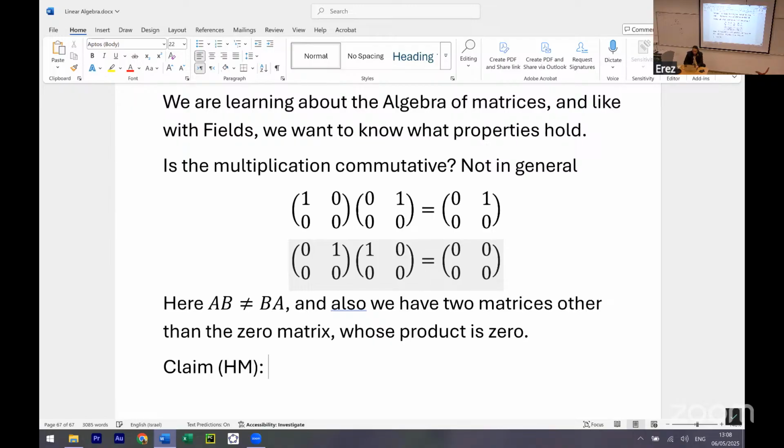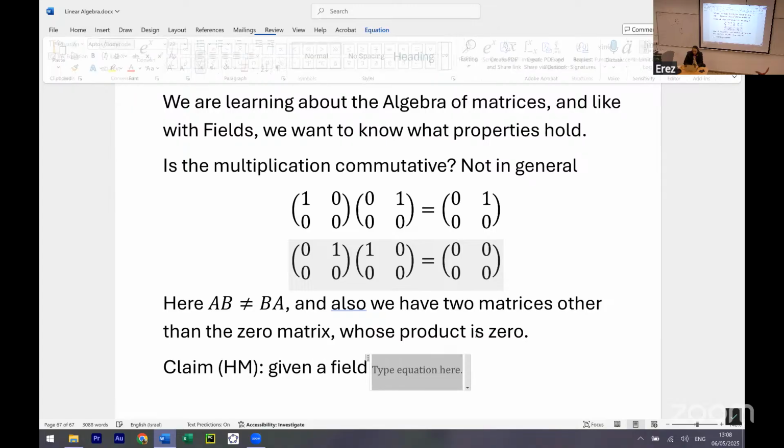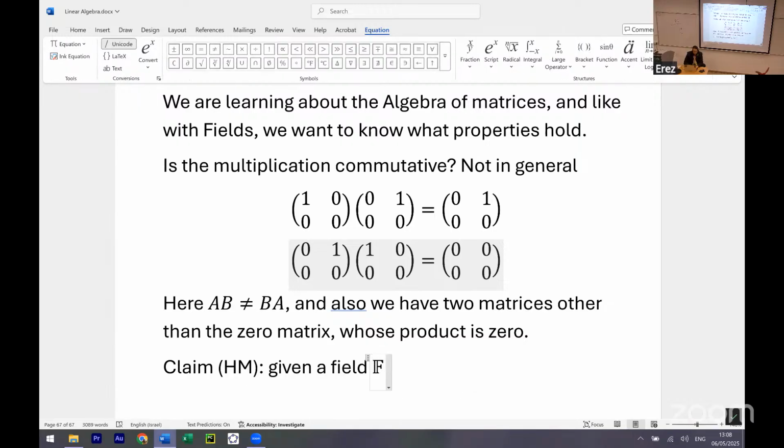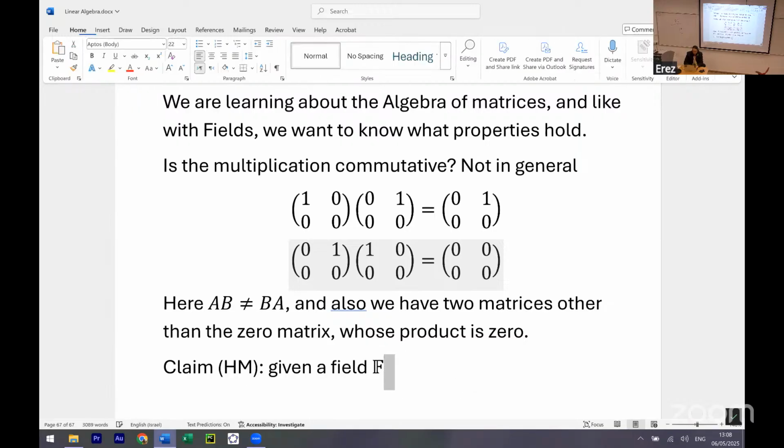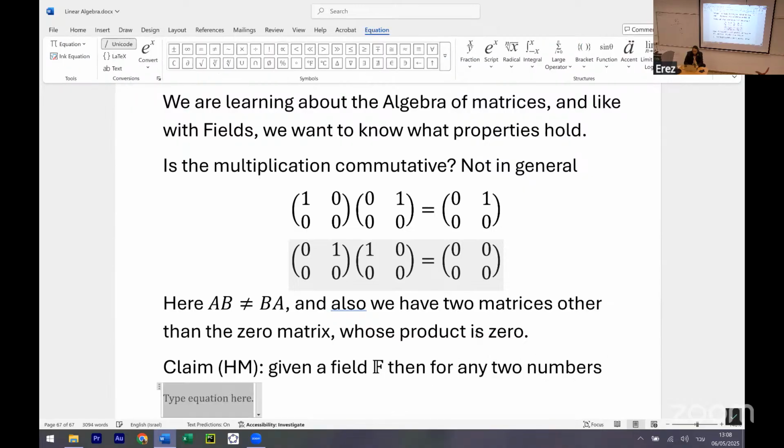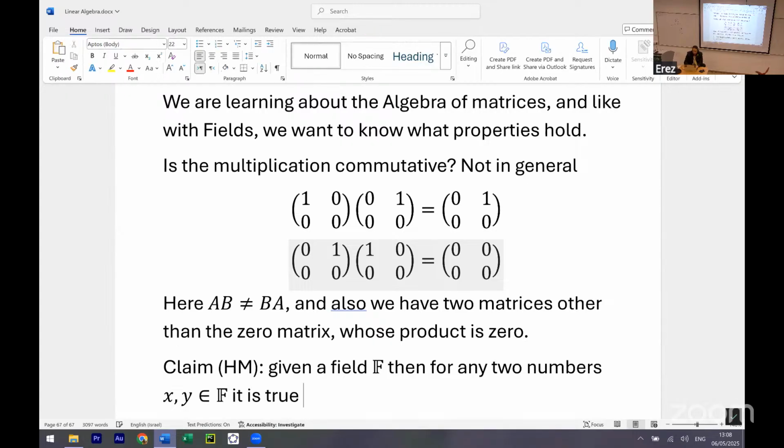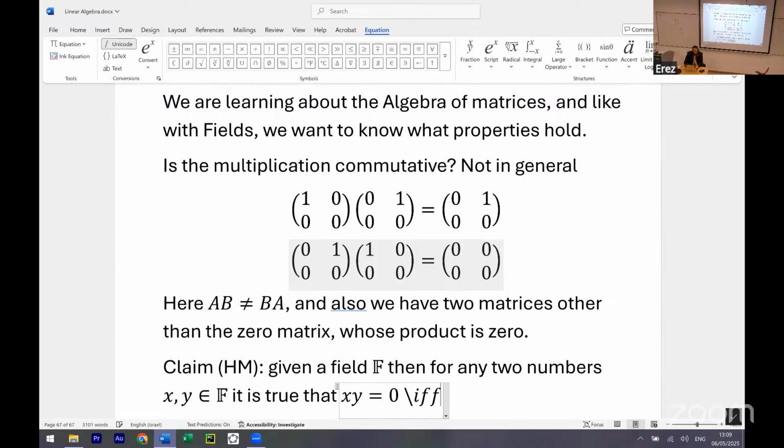Given a field F, then for any two numbers x, y in the field, it is true that xy equals 0 if and only if x equals 0 or y equals 0.